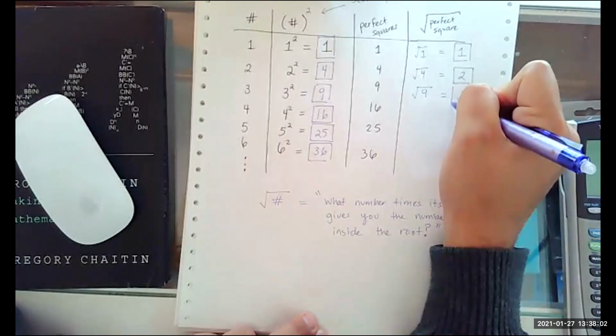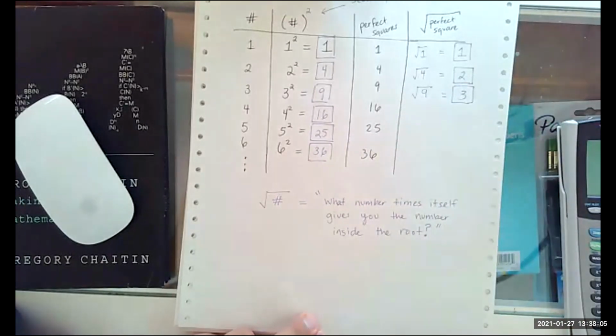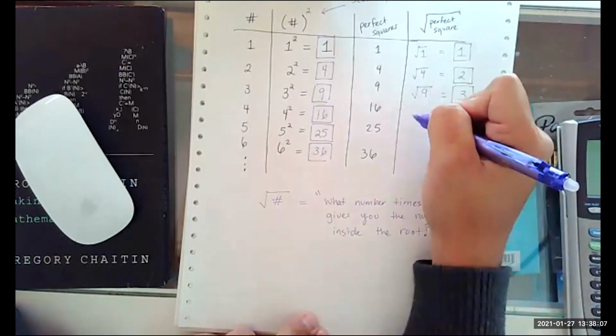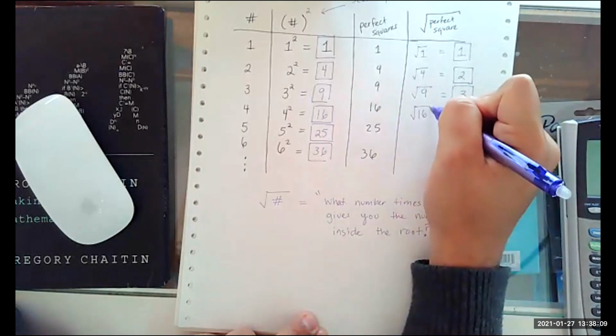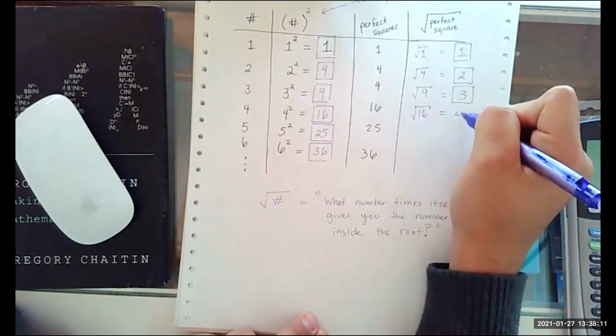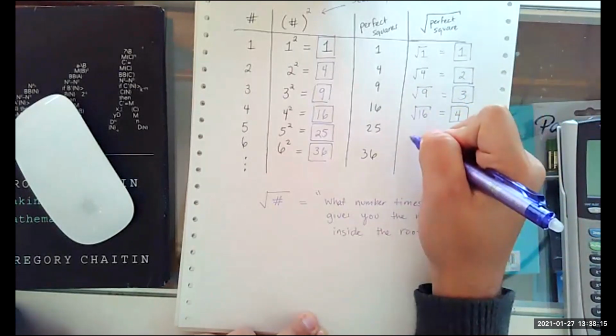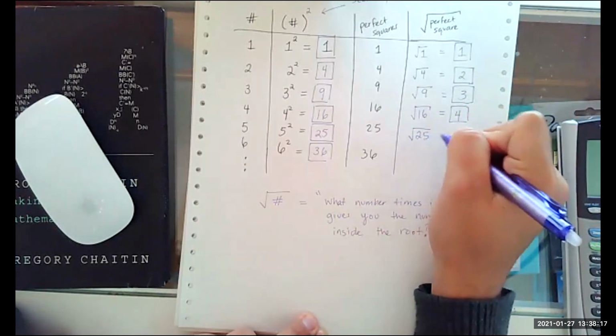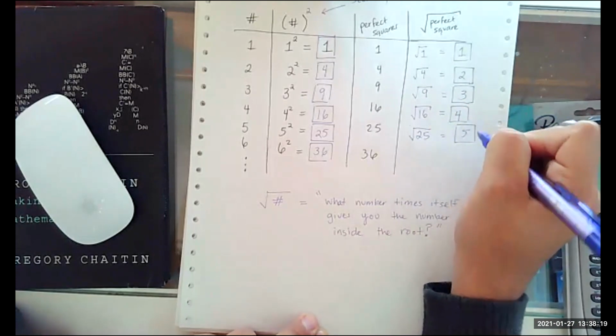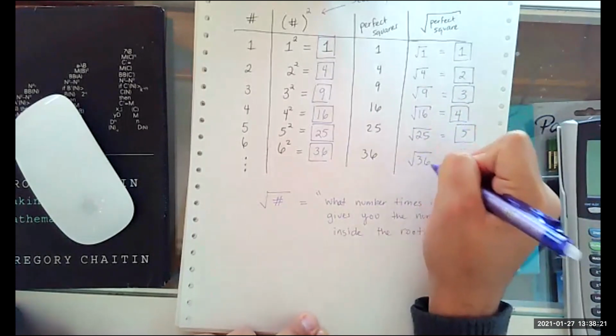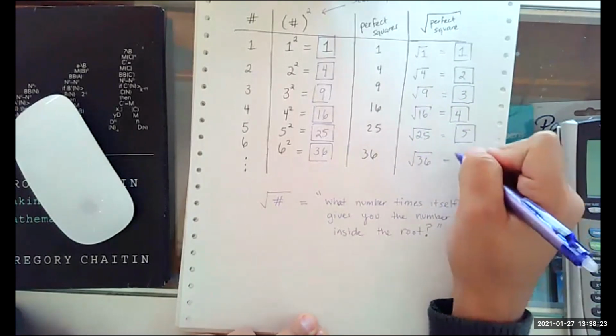So that answer must be 3. What times itself gives me 16? That is 4. What times itself is 25? That's 5. What times itself is 36? That's equal to 6.